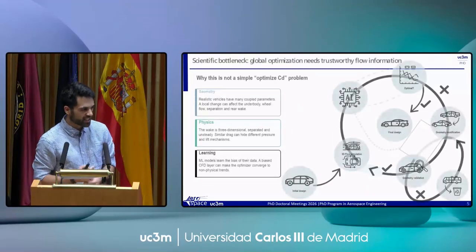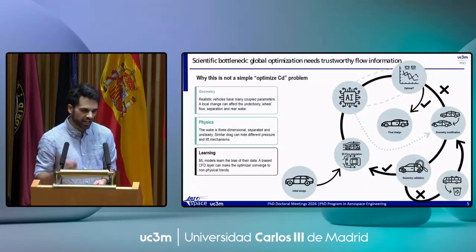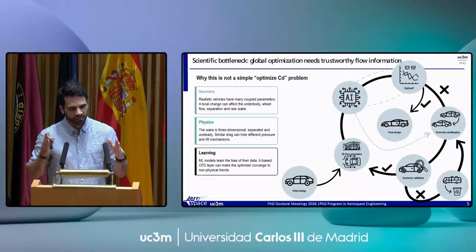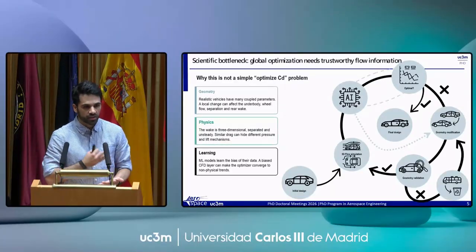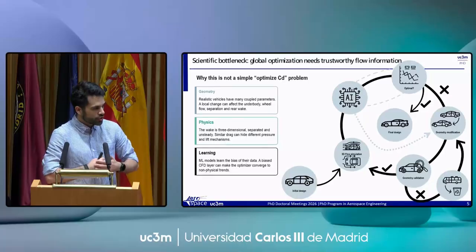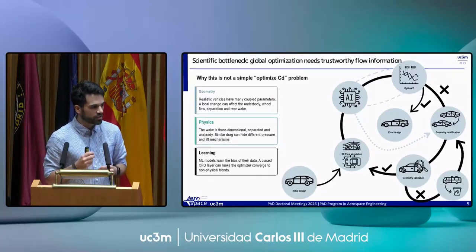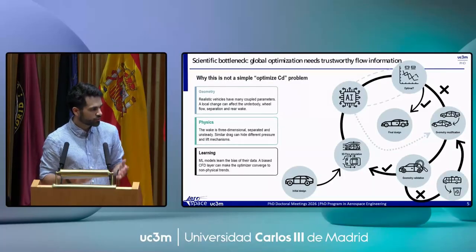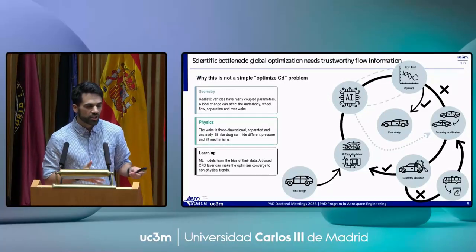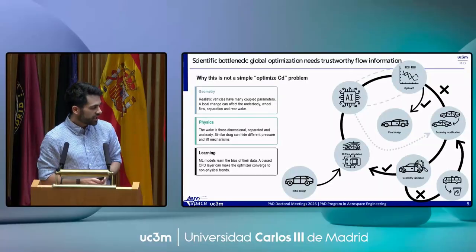And I say LES because we are going beyond the idea of just optimizing Cd. We are looking into not only the averaged number, but also the transient structures, and how they can affect it. Because we know that we can have the same drag with different flow structures. So we want to look into the detail of why that drag is happening.